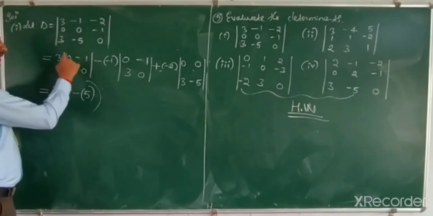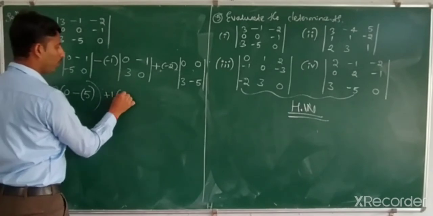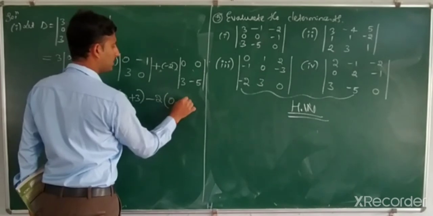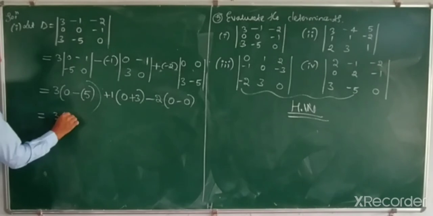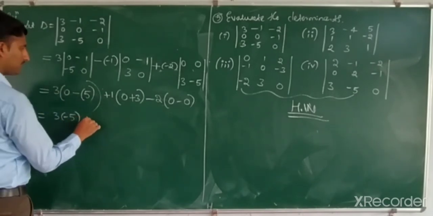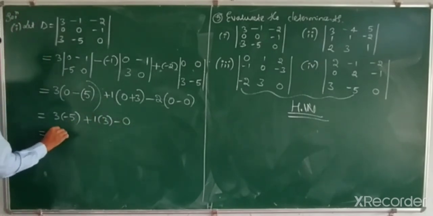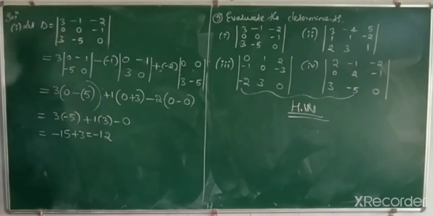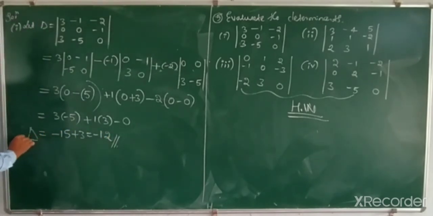Minus of minus is plus, plus into formula minus, that's 5 minus, minus of minus plus 1 into 0, minus of minus plus 3, plus minus 2, 0 minus 0, 0 minus 0, which equals 3 minus 5, plus 1 into 3 minus 0, which is minus 15 plus 3, which is equal to minus 12. 5 into 3 becomes 15, minus 15 plus 3 becomes minus 12. Minus 12 is the delta value, correct?